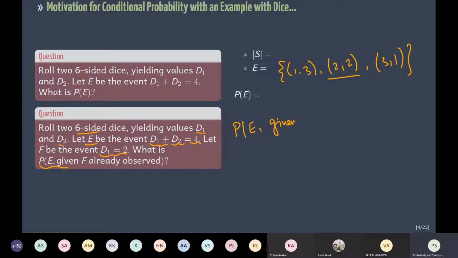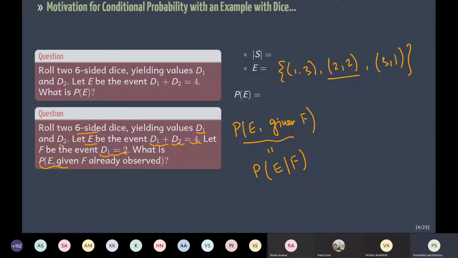So the probability of E given F. A good shortcut way to write it is E given F. In this case, what is left out?